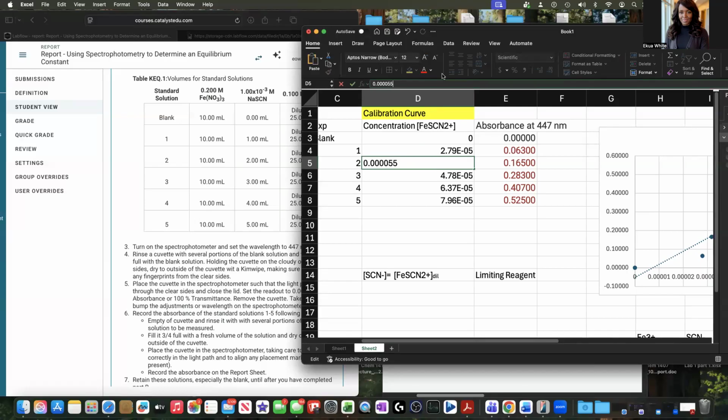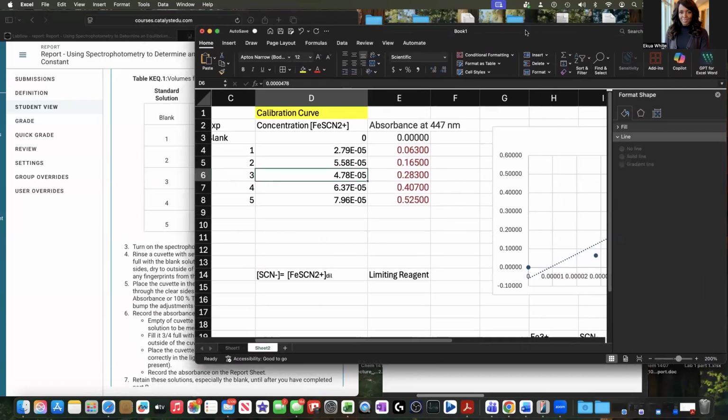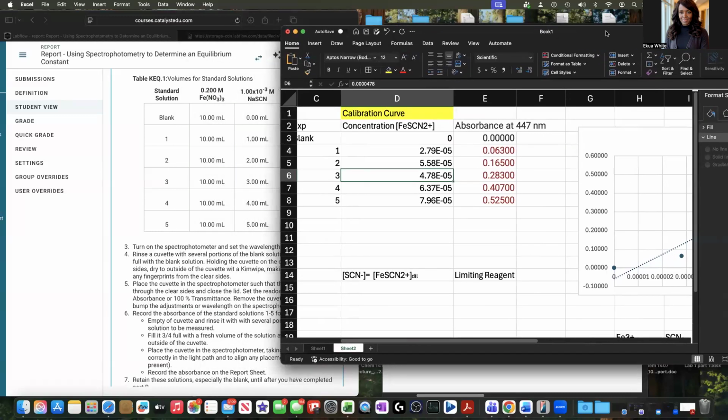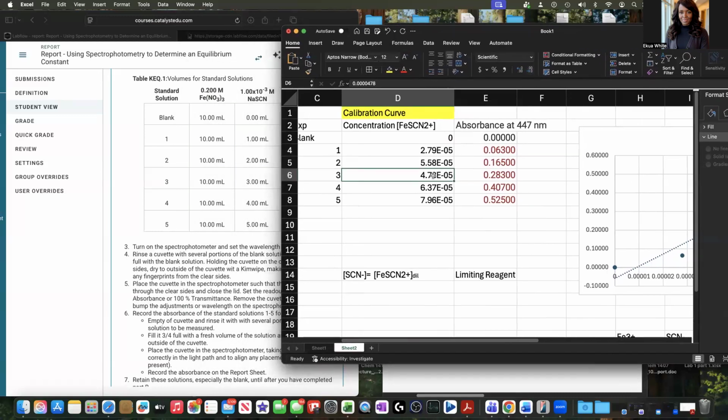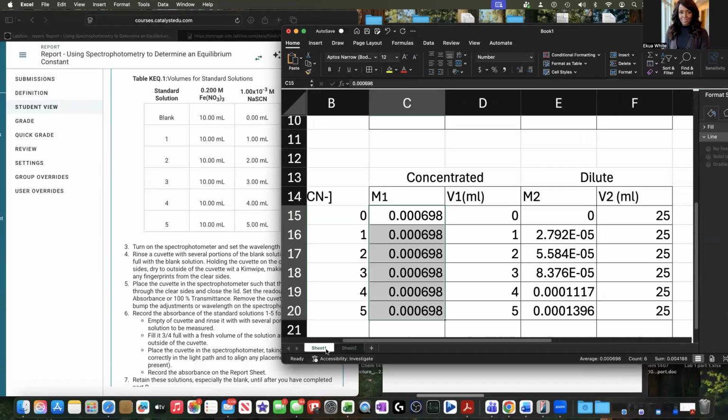5584. I feel like I should add some decimals here. Okay, and this next one here is 837, is it 6 or 0? I'll put 6 for now. 8376.